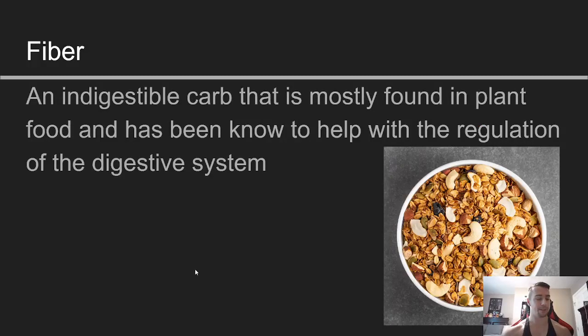Fiber, this is probably one that you've heard of as well. So fiber is an indigestible carb that is mostly found in plant food and has been known to help with the regulation of the digestive system.